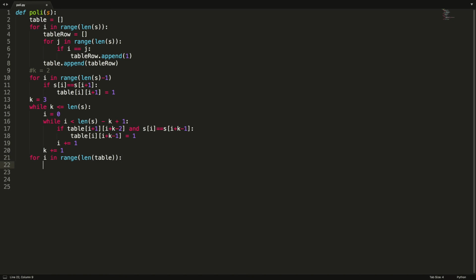This is a two-dimensional table, so for j in range length table, with the initial max length.